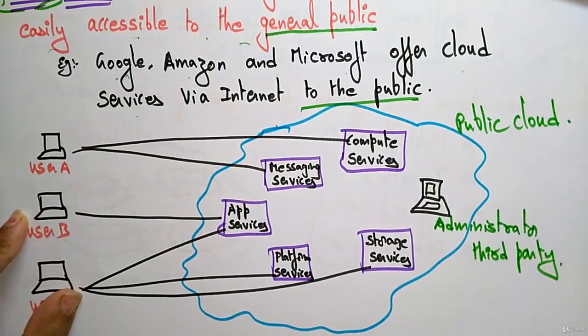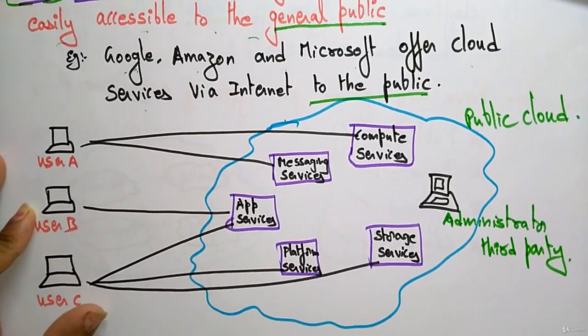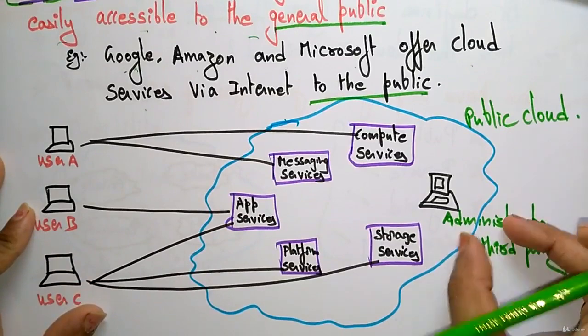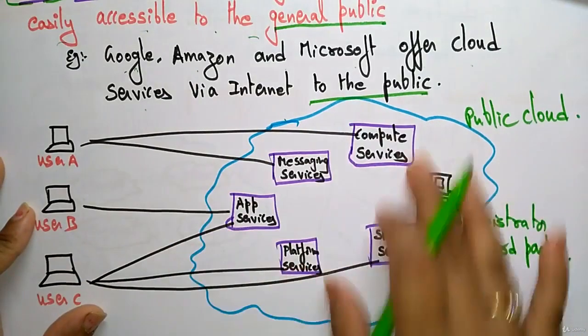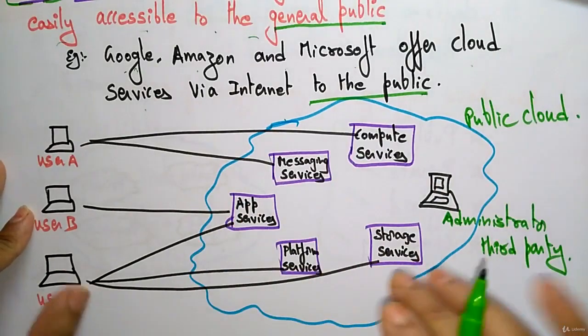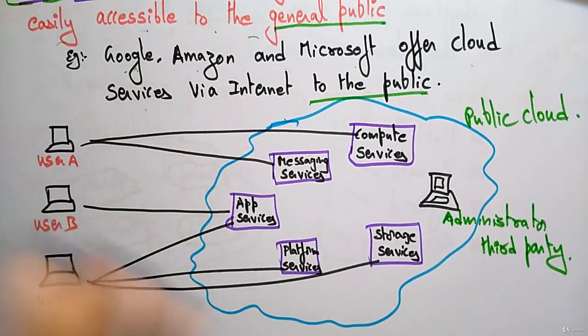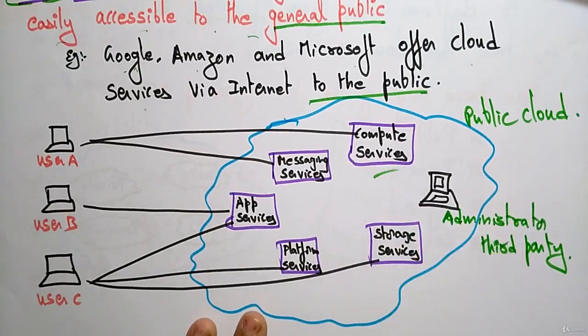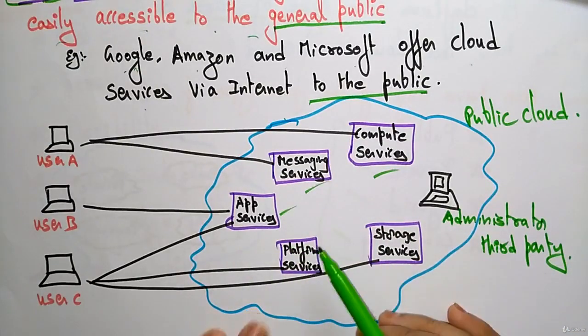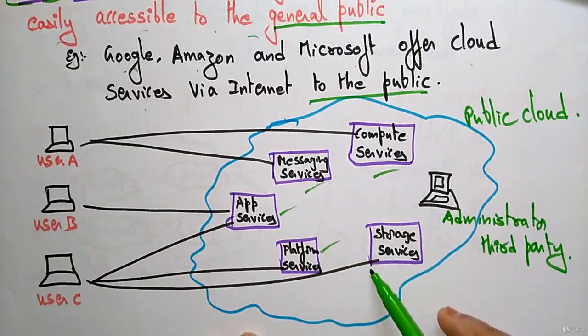The different organizations appoint one third party administrator who monitors all this public information. So what type of data can users access from the public cloud? The compute services, messaging services, apps, application services, platform services, storage services, everything they can access, whoever wants.